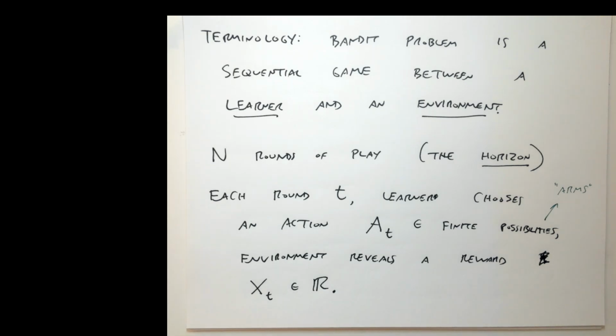And so the fundamental challenge is that the environment is totally unknown to the user, right? They don't know anything about the environment other than what it reveals to them by giving them rewards for different arms. And of course, the learner can't see the future. All they can do is see what they've done so far and then decide what to do next, right?